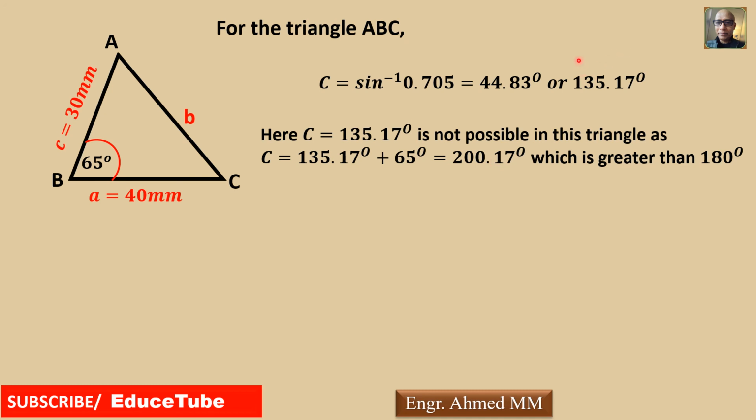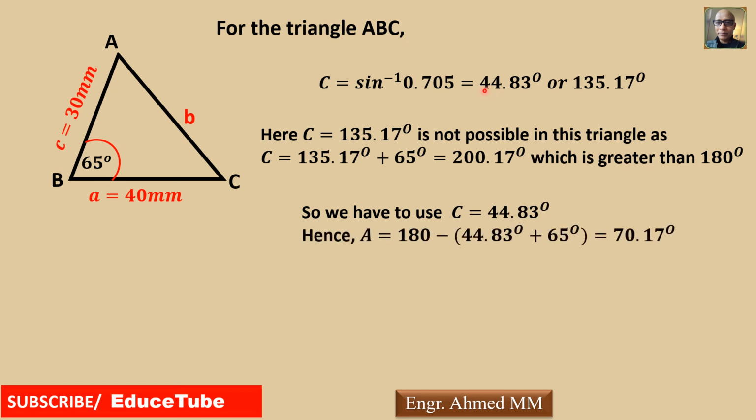So this result is not valid. We are cancelling this. So we will use 44.83. If we know C equal to this, and we know B, we can find A by subtracting from 180. So A we got 70.17 degrees.